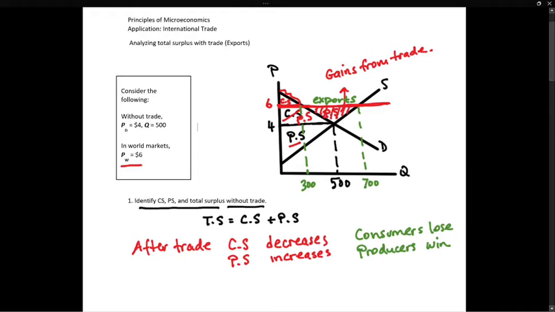And although some people will win, some people will lose, in general, in the overall economy, efficiency will increase and total surplus will increase.